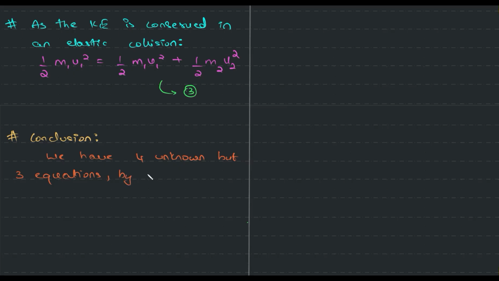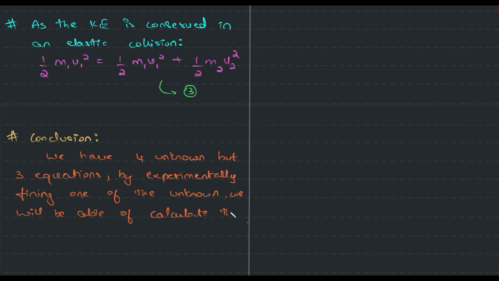So by experimentally finding one of the unknowns, we will be able to calculate the other three. So this is how we can solve this.